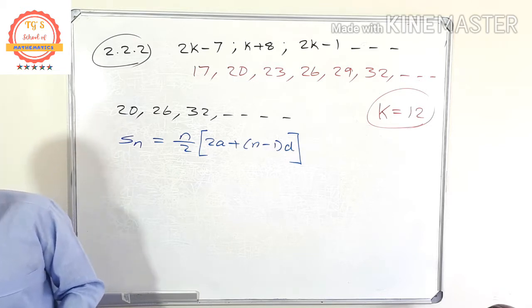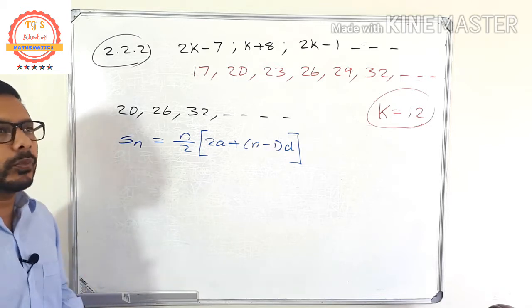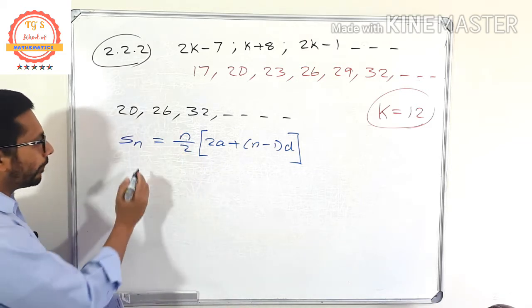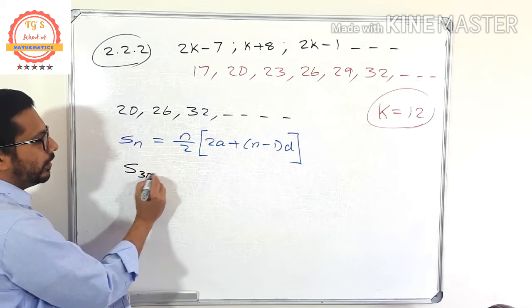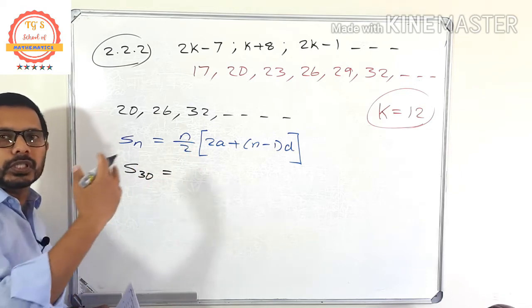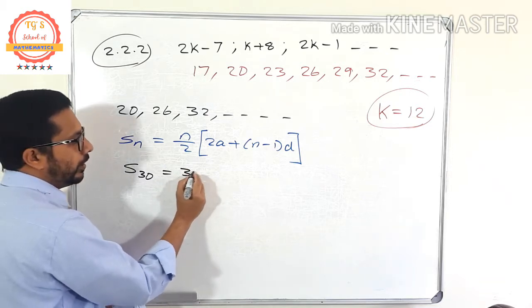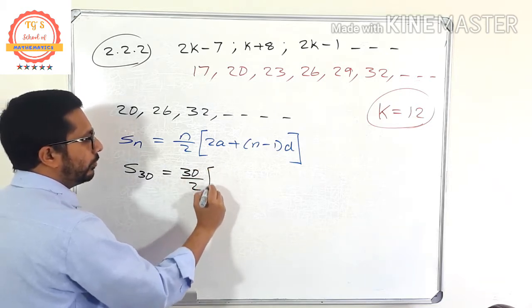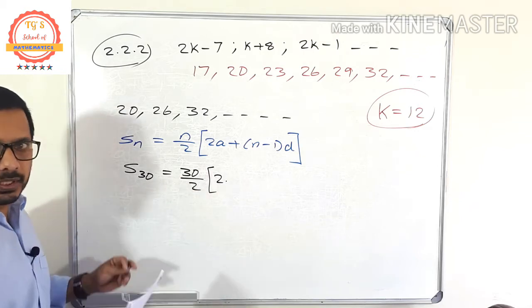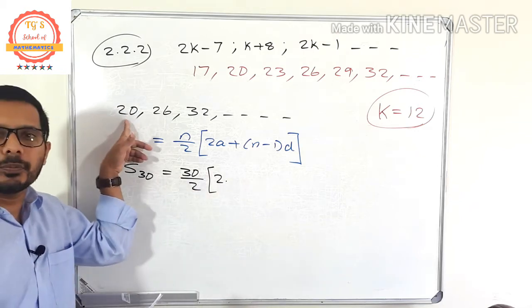This is the formula to find the sum of the first n terms in an arithmetic sequence. So now our question is to find the sum of the first 30 terms. So what is the value of n? 30. So S30 is equal to 30 divided by 2 into 2 times a. What does a stand for? First term. So here what is the first term? 20.